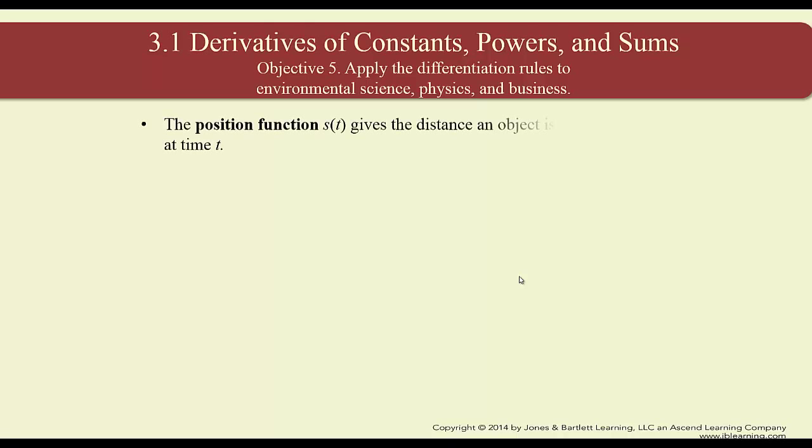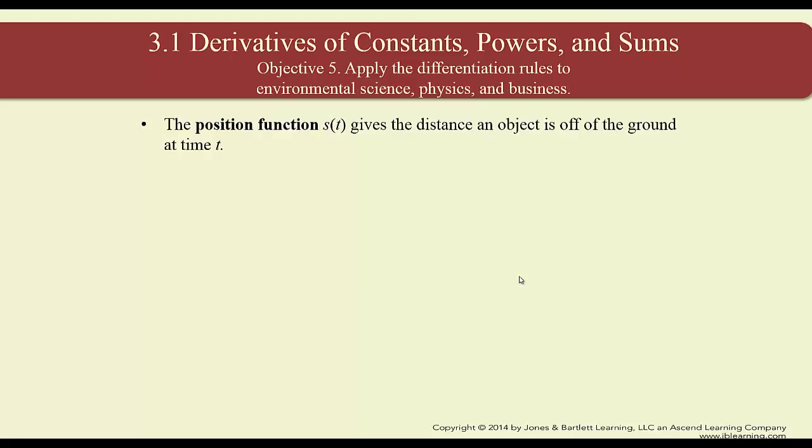This is kind of a classic example because it kind of goes back to physics. We aren't going to do a whole lot of physics in here, but I would be remiss if we didn't do at least just one physics example. So hey, there's this thing out there in physics called the position function.